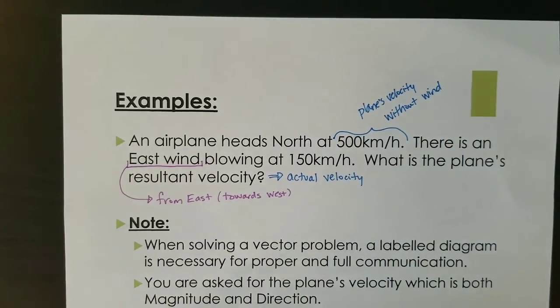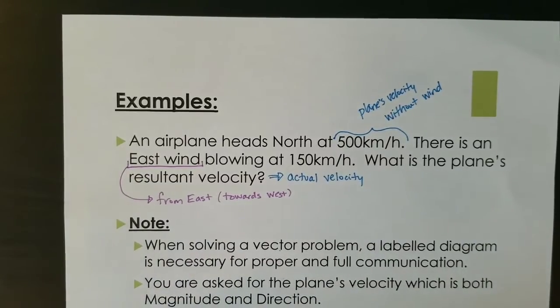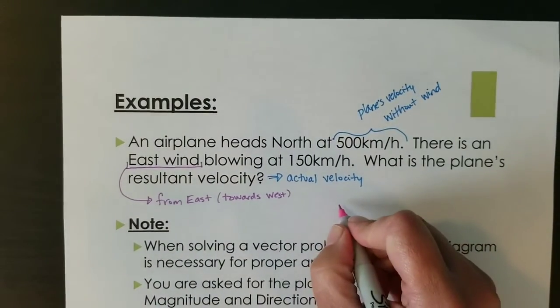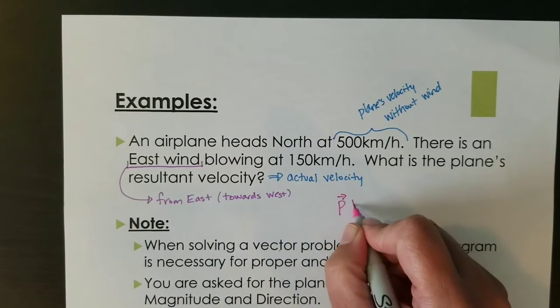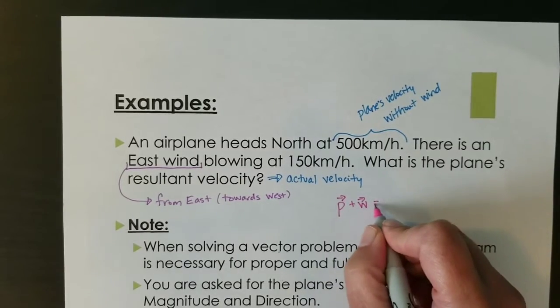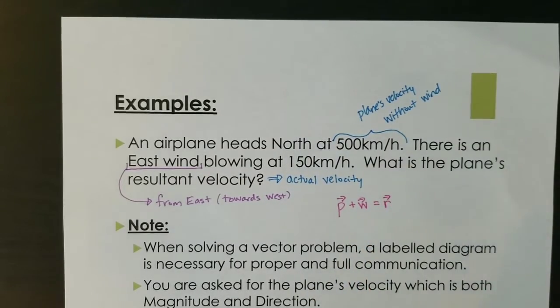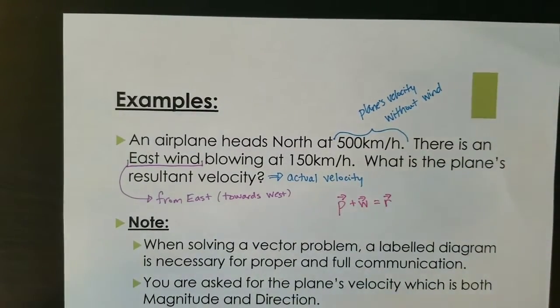And in general, this is going to be a common kind of question that we're going to be looking at. We are going to typically take the plane's velocity, add in the wind velocity where it's pushing it, and you will end up getting the resultant velocity. And we could have lots of different combinations of this.